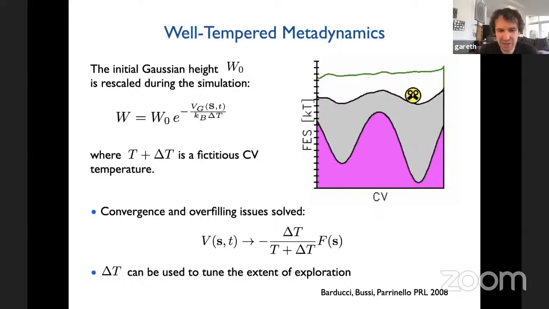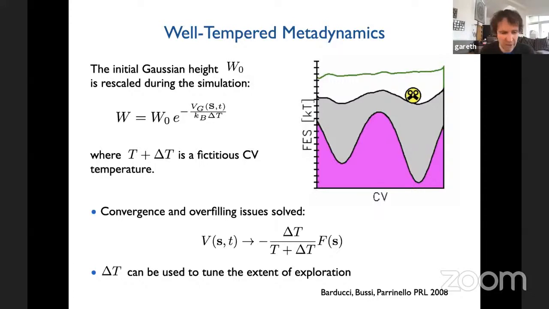What's really advantageous with this method is that this new parameter that we introduced, this delta T, can be used to tune the extent to which our method now explores the CV space. So if you set this delta T to be small, then the system will still not cross really high barriers along your energy landscape, which is something you may want to happen.